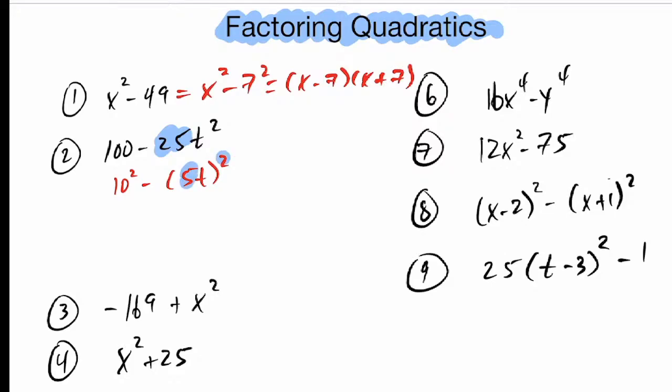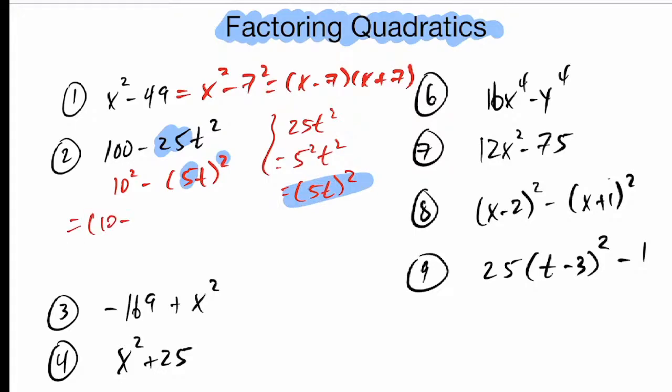So I'm taking 25t squared, writing that as 5 squared t squared, which is equivalent to 5t to the power of 2, and then I can use my difference of squares formula. So now this will factor into 10 minus 5t times 10 plus 5t.